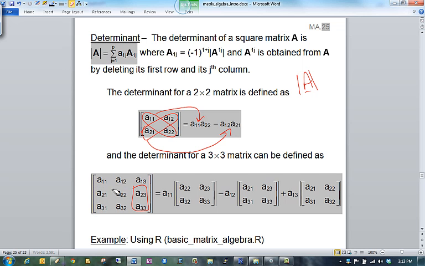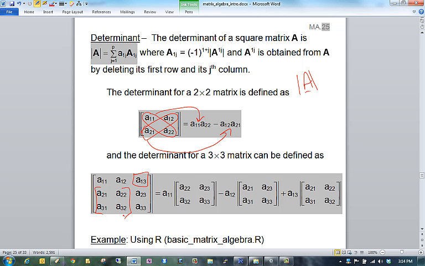And then lastly, take A13 times the determinant of that part of the matrix. So what you're doing is simply splitting up the 3 by 3 matrix into smaller parts, and then finding the determinants of these smaller parts, and then combining everything in a certain way. You can extend this to 4 by 4, 5 by 5 matrices, and so on.